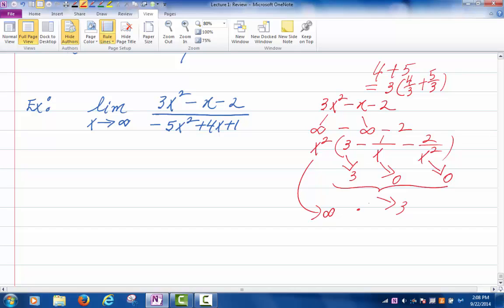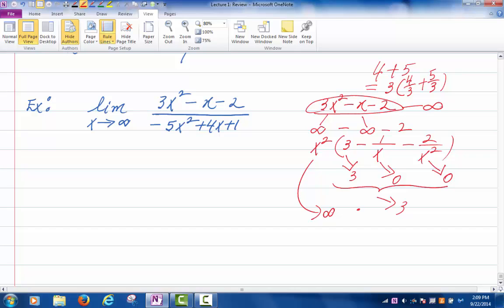Now, what you need to realize is the following. We concluded that this polynomial has limit infinity as x goes to infinity. Notice that that's the same as the limit of just 3x squared. If I just look at the limit of 3x squared, what is it?